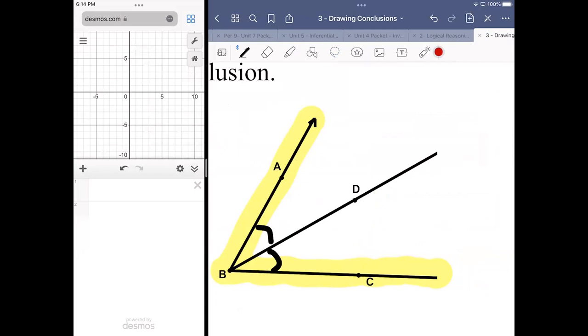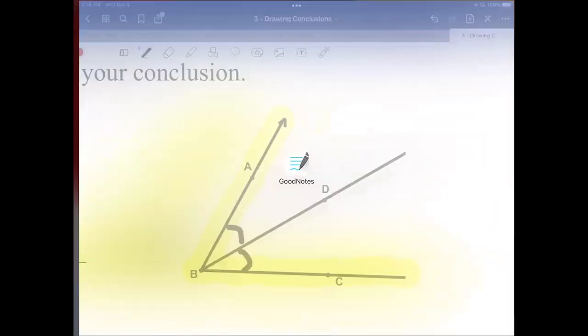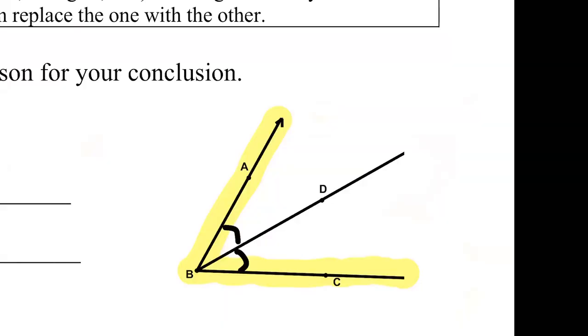All right, this angle. I'll just use the whole thing because we're not going to really use the Desmos or anything like that today. Right, there we go, better. This angle here is known as ABD.